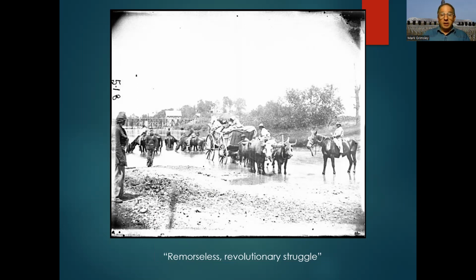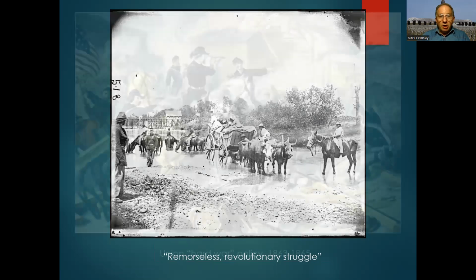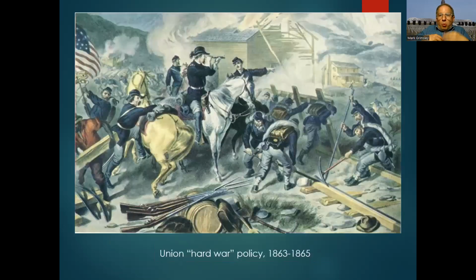The other cool thing about it is you can mobilize African American manpower, and by 1863, that's underway in earnest. Ultimately, 186,000 African American men serve in the Union Army. Another way in which the war becomes unleashed and much broader and much closer to a total war.